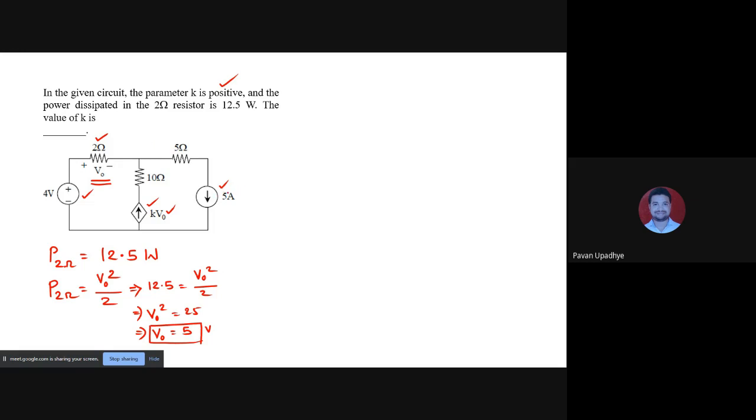This current source, I hope you understand the significance of current source. Current source's responsibility is to maintain fixed current in the branch where it is present.